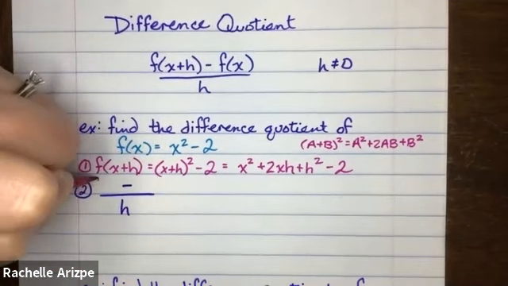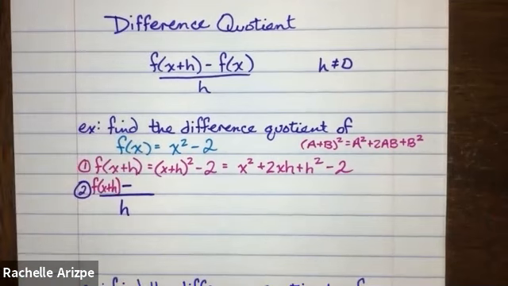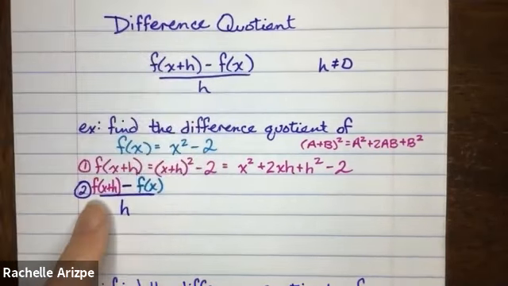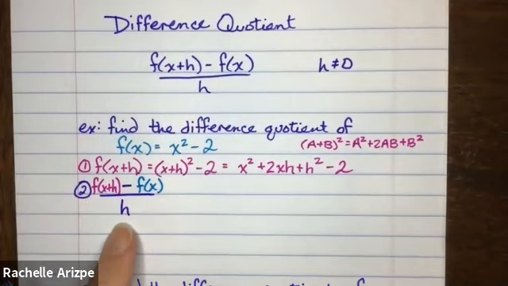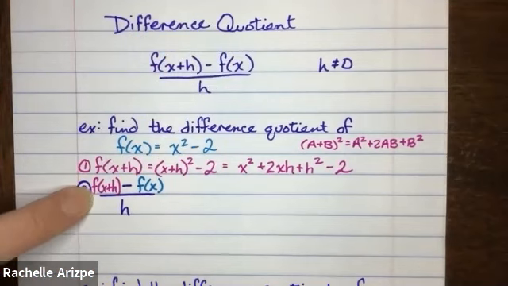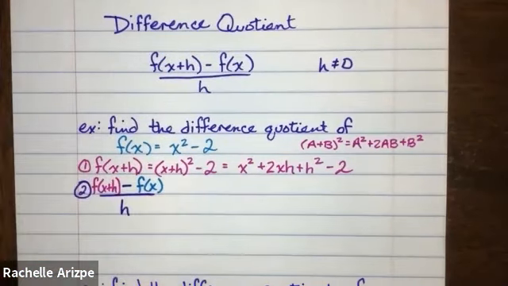So I'm going to take f of x plus h and subtract from that the function f of x, and then I'm going to divide all of that by h.